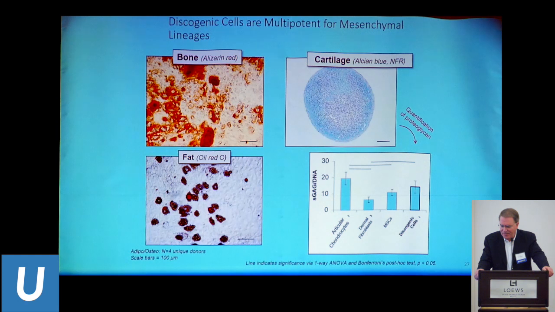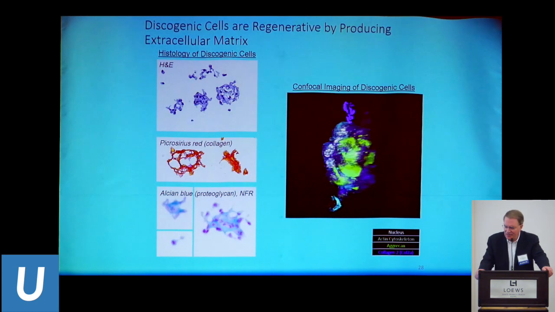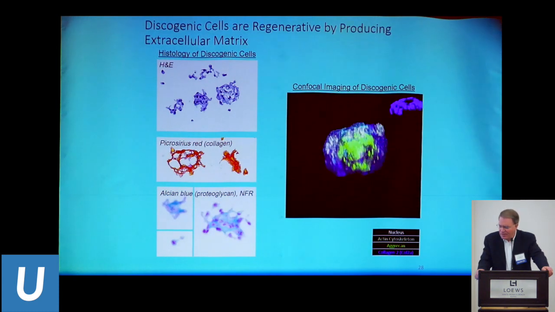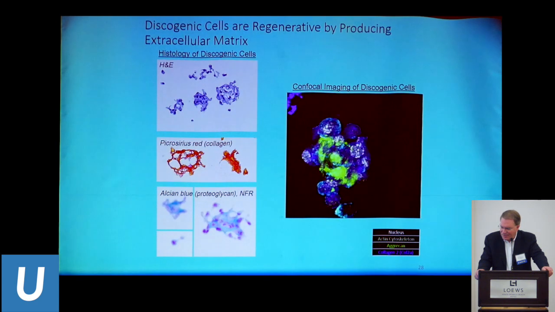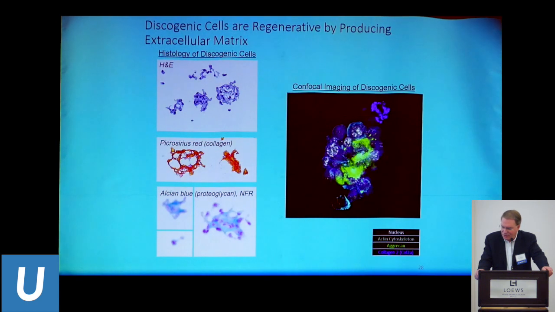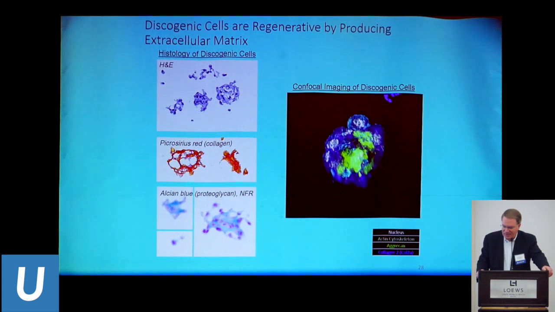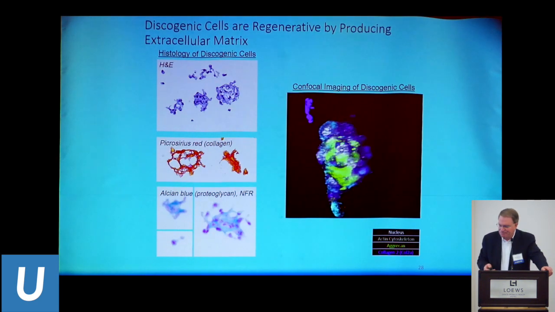We can derive fat, but preferentially these cells mature into normal appearing and acting nucleus pulposus cells. And even in culture, they begin to form the constituents of the disc ECM. So the green there is aggrecan, the purple is collagen 2, and then there's also an actin cytoskeleton. That's the white. That's a cluster of discogenic cells taken from one of our cultures.